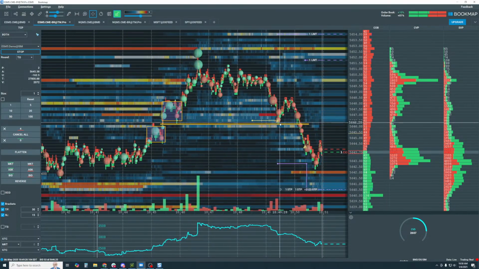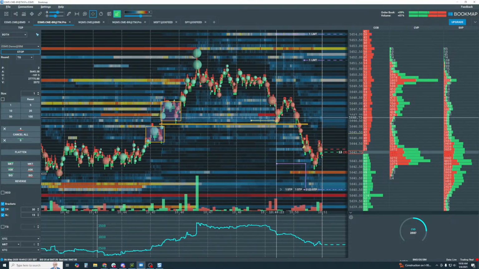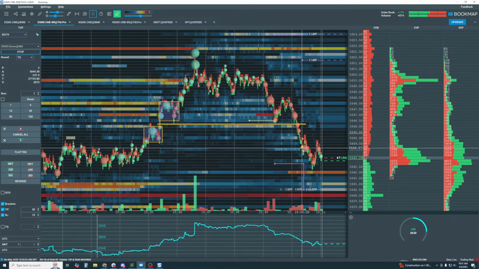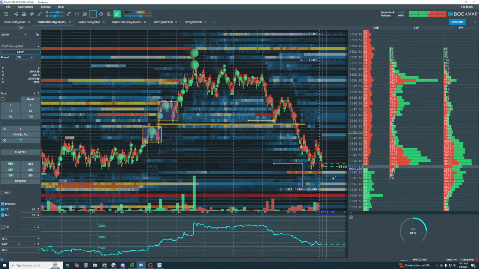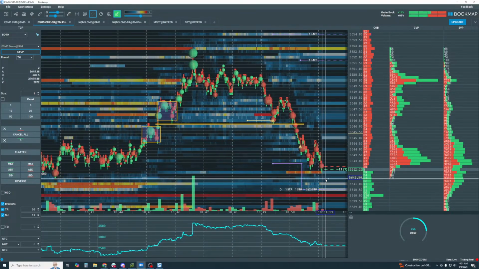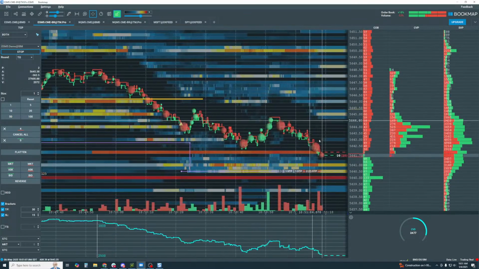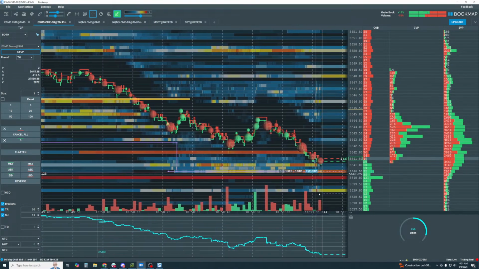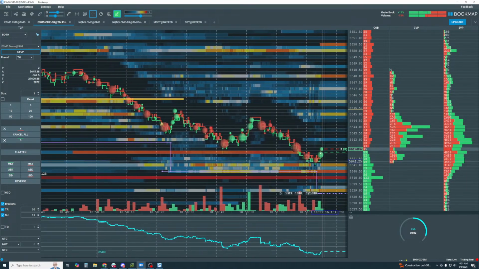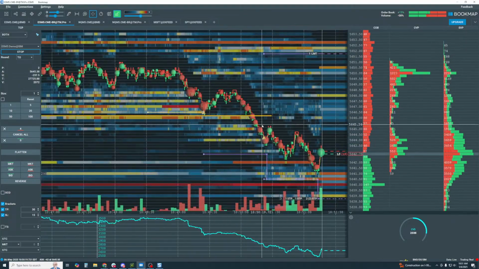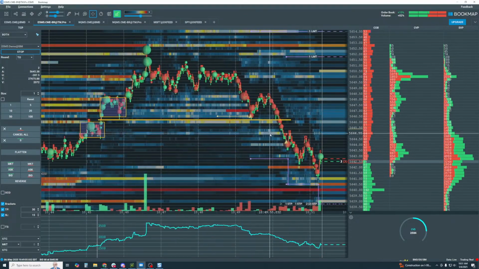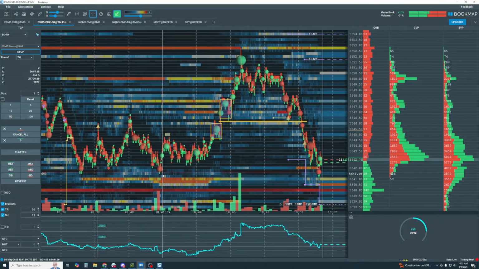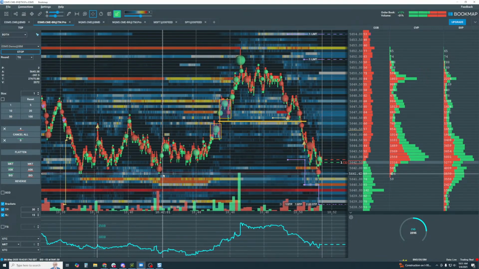Here, it bounced, rejected, and then it traded through to the next one, and then we're looking for another bounce and rejection here. And this one's trading through, and I'm just going to hide behind the high liquidity here to see if we can get another bounce, after trading back down to here and maybe hitting some stops along the way.